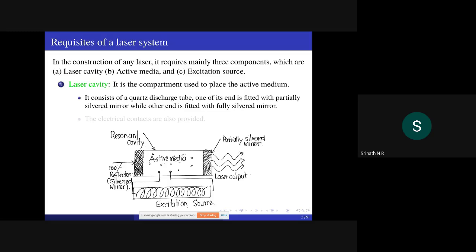One of its ends is fitted with a partially silvered mirror through which the laser beam will come out after reaching threshold limit, whereas the other end is fitted with a fully silvered mirror, which is used to enhance photon density in the active medium through multiple reflections. The cavity also provides electrical contacts to produce electric discharge in the gaseous mixture.